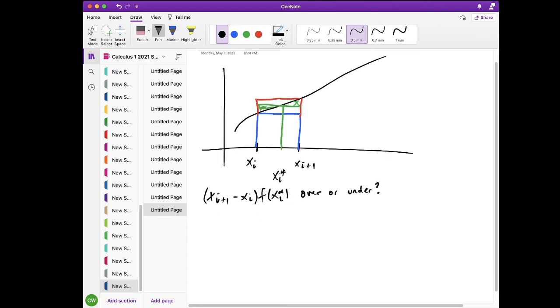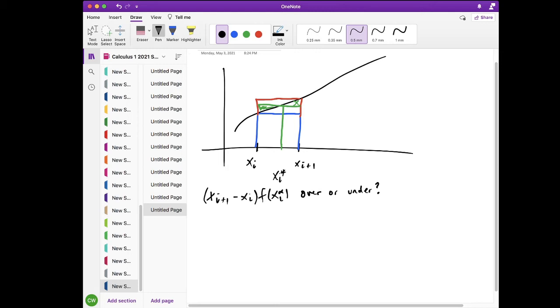If you just look at the picture, how can you compare this middle rectangle to L and R? Do you agree that it's bigger than L and smaller than R? Somewhere in between.